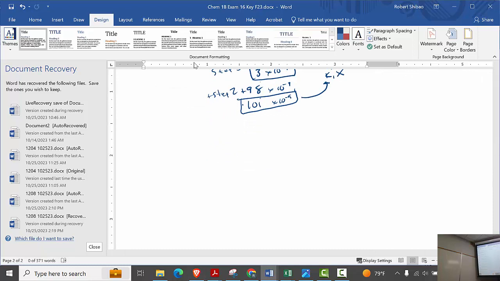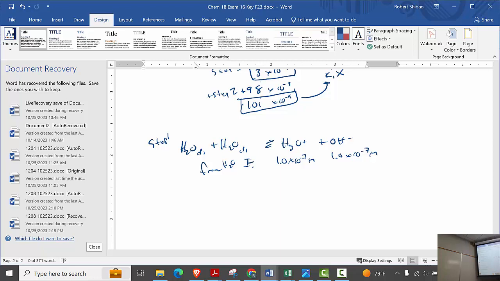That's always, you know, in water, we could always start with this as step one. This is the water equilibrium. And so initially, this is just from H2O. We're going to have 1.0 times 10 to the minus 7 molar, 1.0 times 10 to the minus 7 molar. This is going to be at equilibrium.